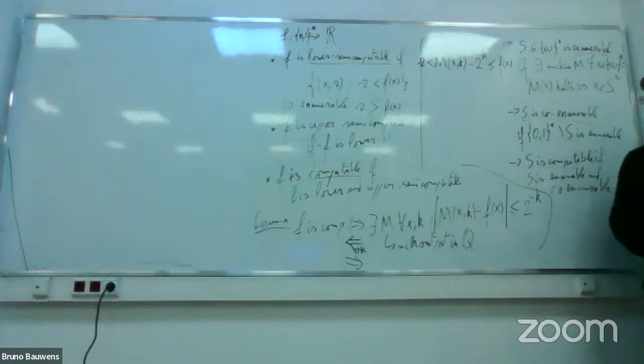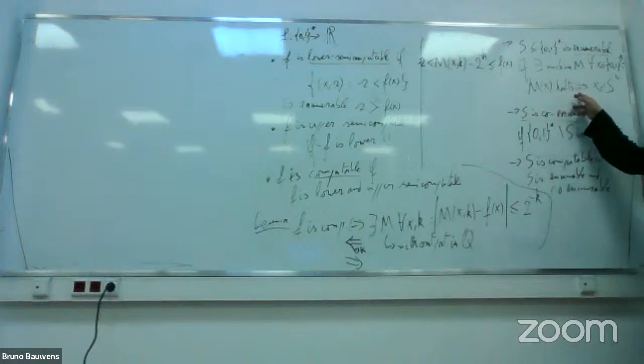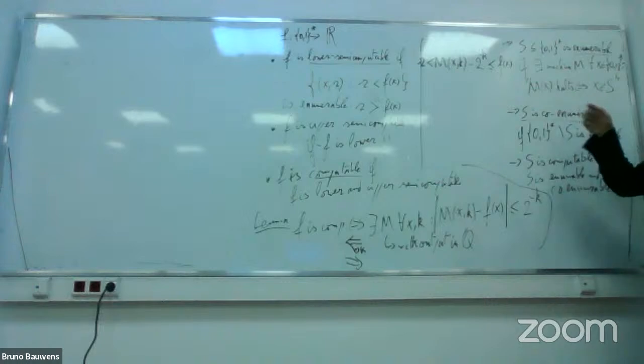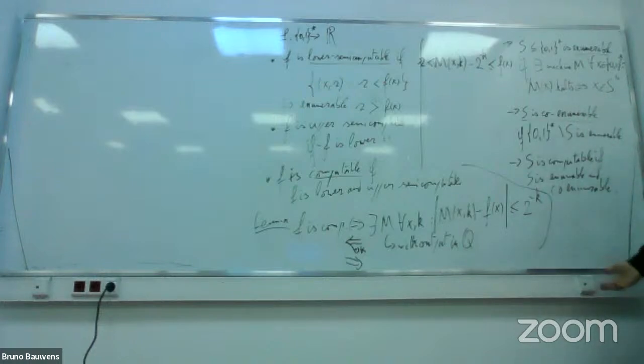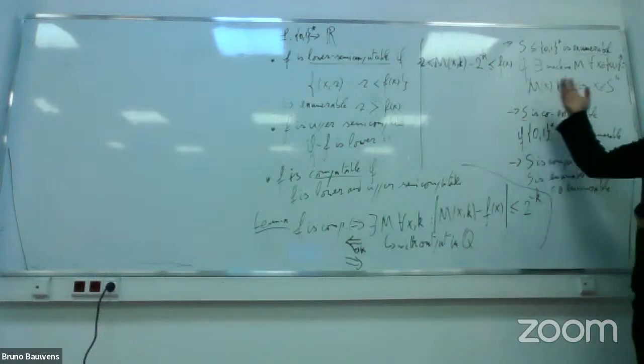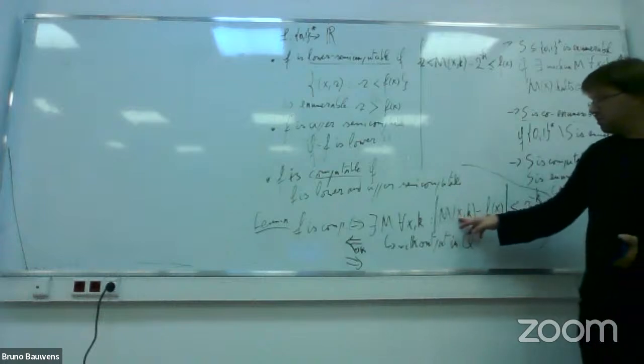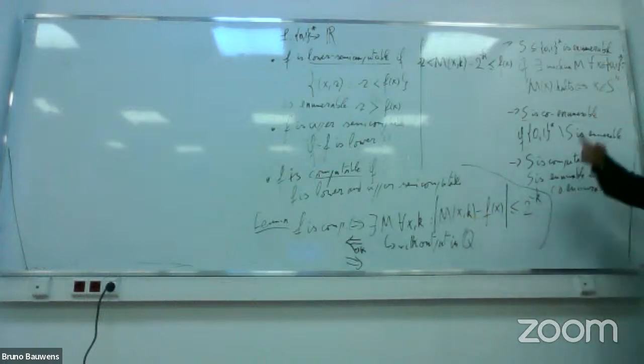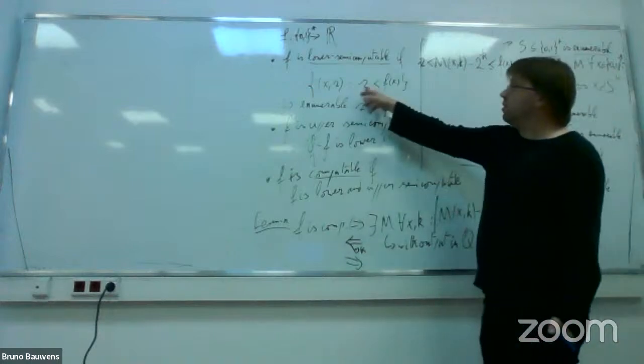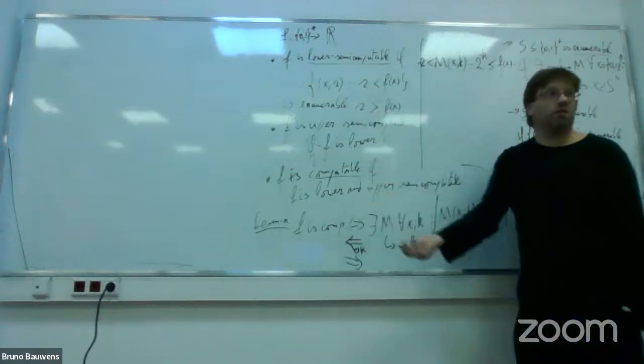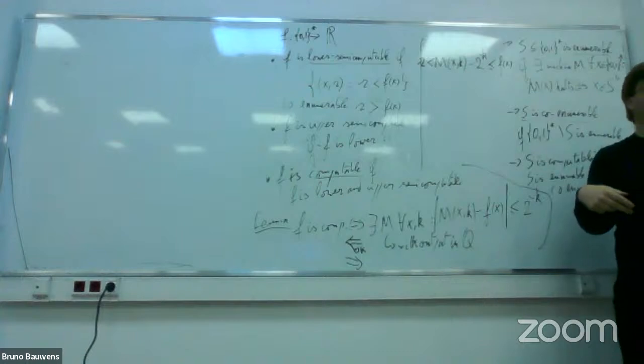Exactly, yeah. So here we use the printer version, the printer equivalence. So what you say is try all programs, but basically it means you use the printer version. And then you check for all things that are printed whether the input is x, and you keep printing until you find a lower value and an upper value that are closer than 2 to the minus k of each other.